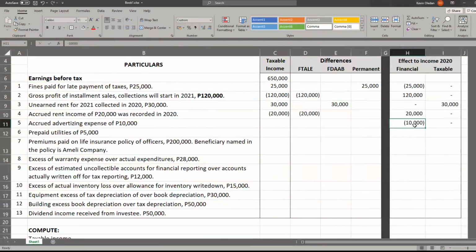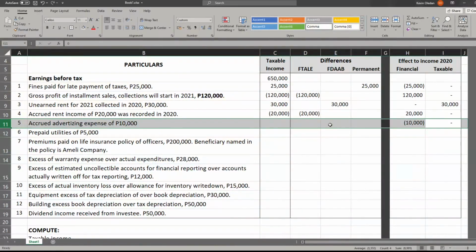So yung 10,000, it is a reduction to your financial income. And what's the effect to your financial income and taxable income? If I'm looking only at this item, this one will cause my financial income to be lower than taxable income, right? Financial income is lower than taxable income kasi may i-deduct ako sa financial, pero sa tax, wala akong i-deduct.